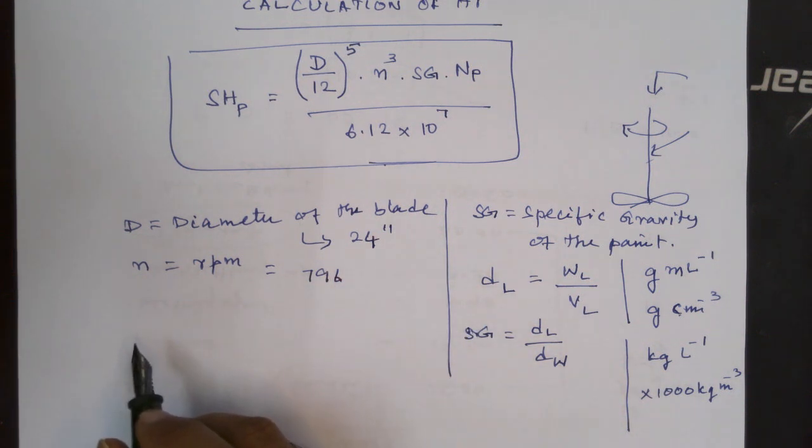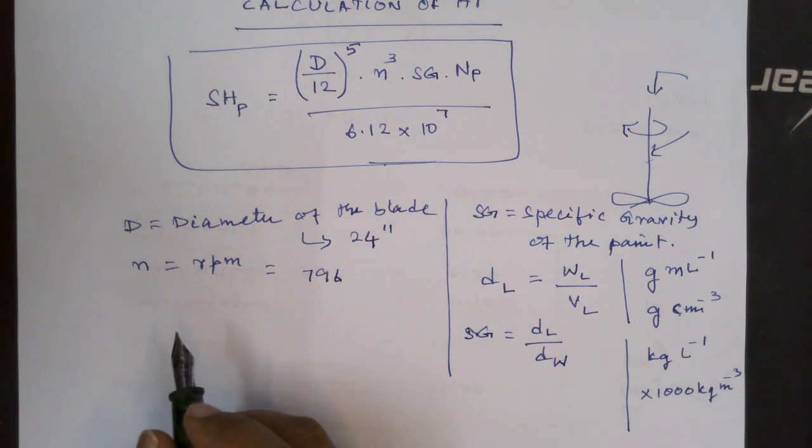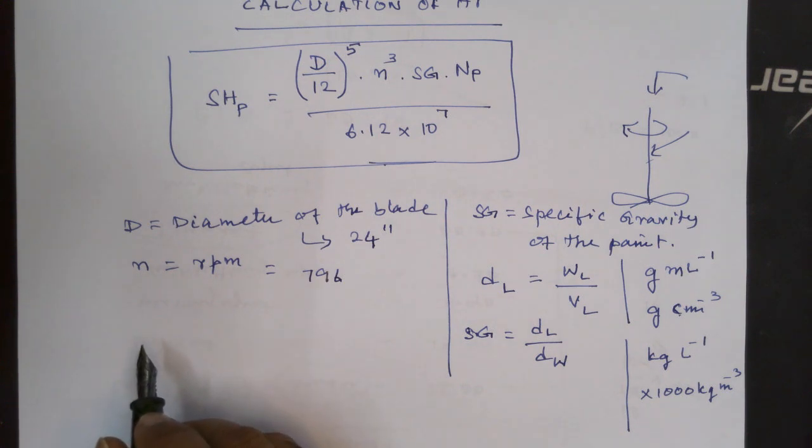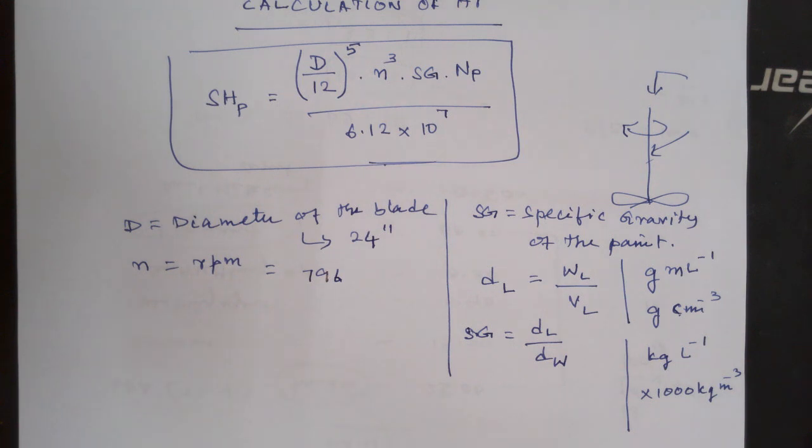The tip speed is also very important here, and then you have other values. Now let us calculate the horsepower based on this input.